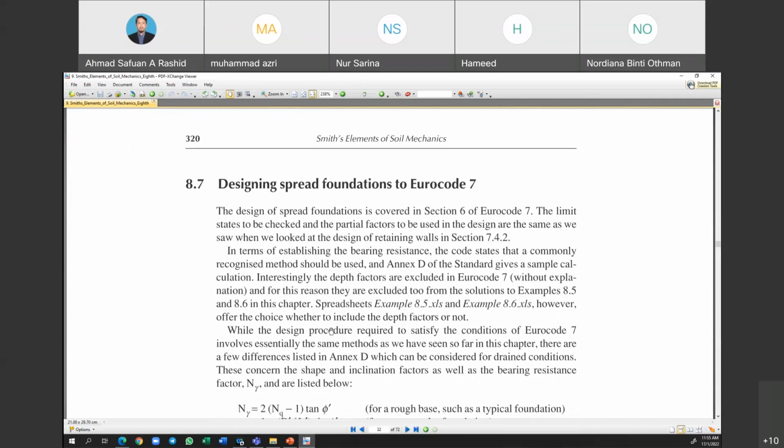While the design procedure required to satisfy the conditions of Eurocode 7 involves essentially the same method as we have seen so far in this chapter, there are a few differences listed in Annex D which can be considered for drained conditions. For this, the shape and inclination factors as well as the bearing resistance factors are listed below.